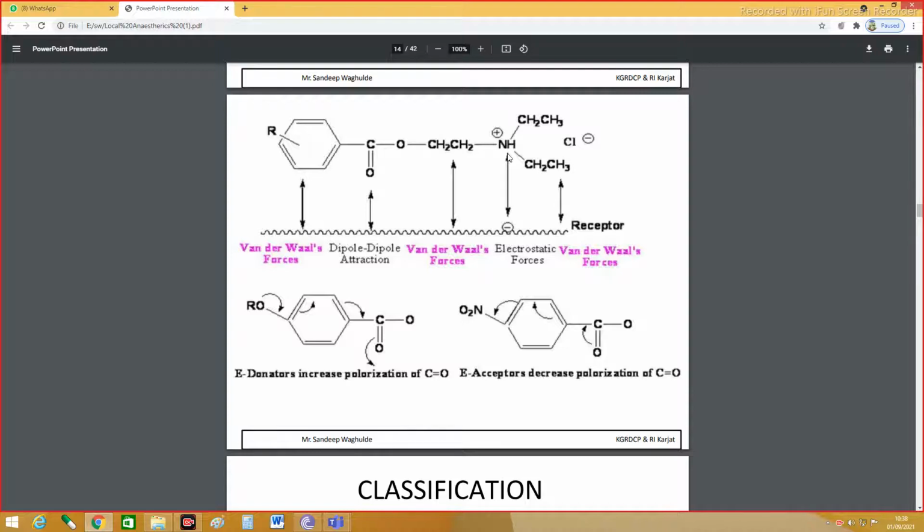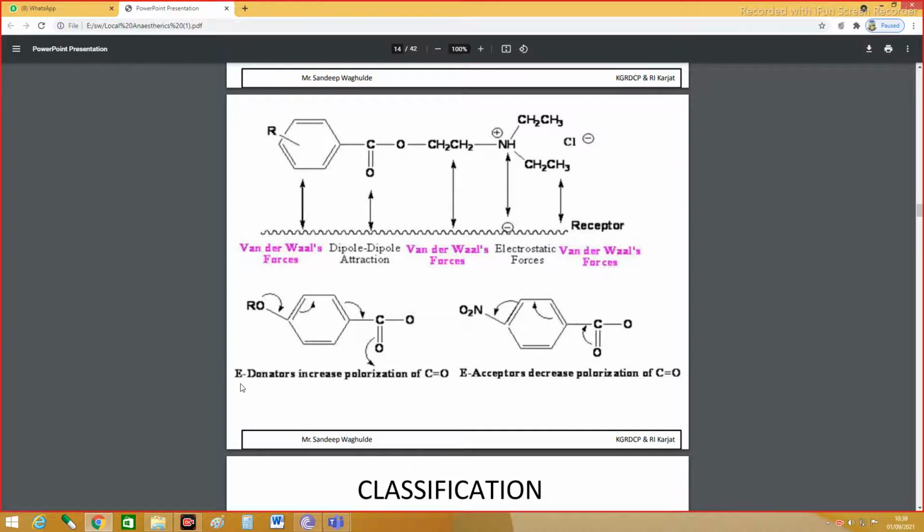As we consider the interactions here, there are some that affect the polarization of these esters. What will be the effect if we consider electron donors and electron acceptors at the para position of this first lipophilic group?